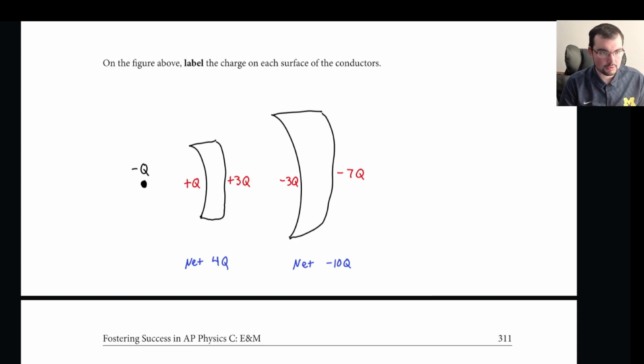So again, our rule is that the inner shell always cancels what it's looking at, and the outer shell holds the net charge of the system, and we can check it all works out, because 1 plus 3 is 4, and negative 7 minus 3 is minus 10. So it works.